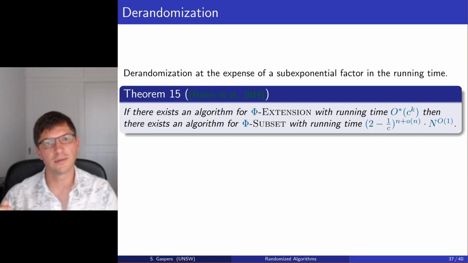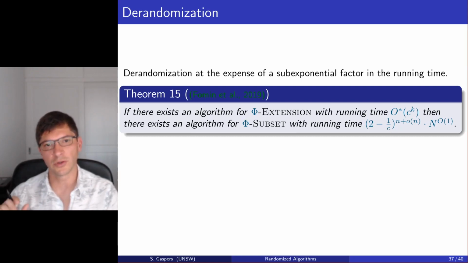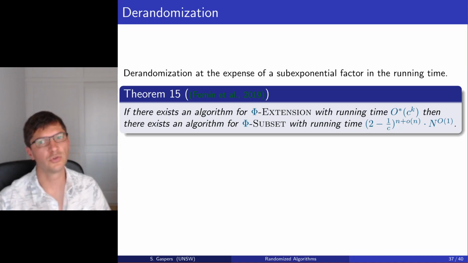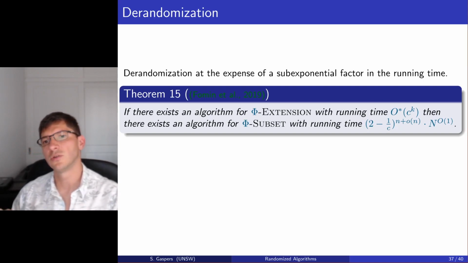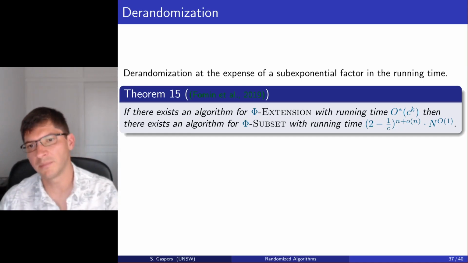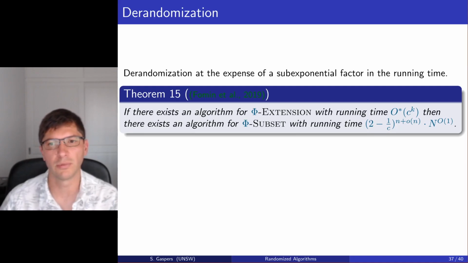So now we can say that if there exists a deterministic algorithm, a non-randomized algorithm, for phi extension with running time c to the k, then there exists a deterministic algorithm for phi subset with running time (2 minus 1 on c) to the power n plus little o of n, meaning that we will have some sub-exponential factor as well in our running time.